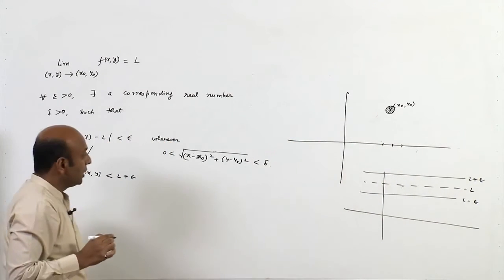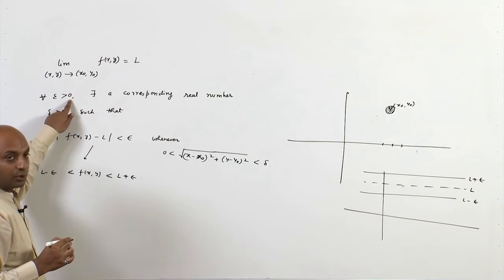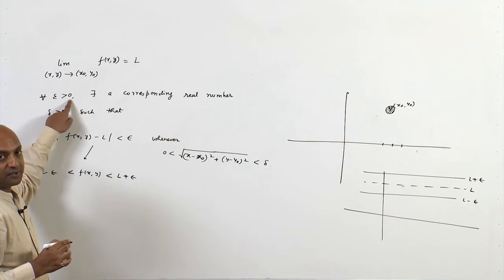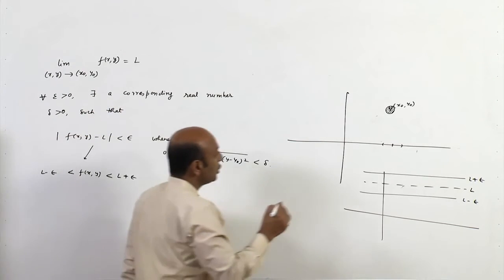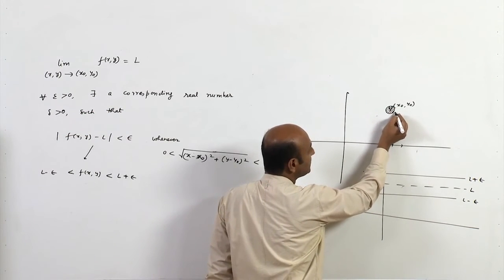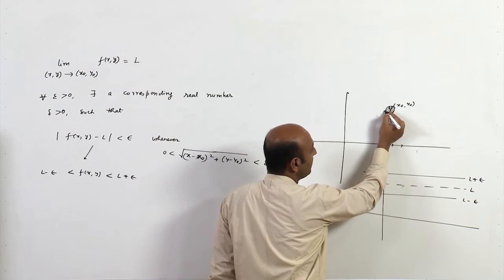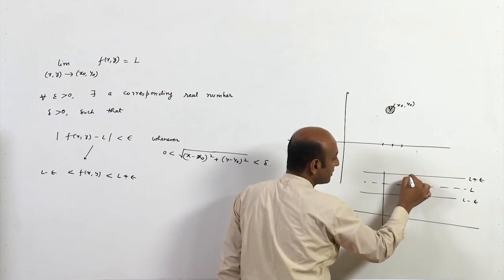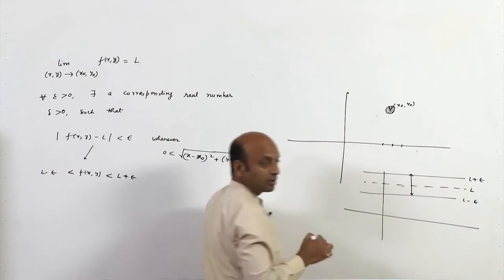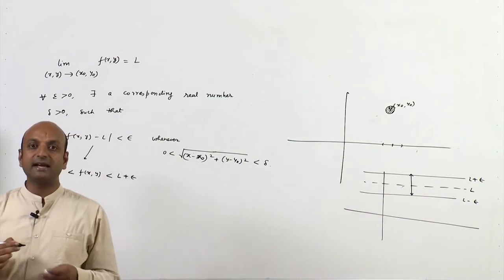Now, you choose any epsilon greater than 0, there will always exist a corresponding delta such that all those (x, y) which lie in this disk, the image of all those (x, y) lying in this disk will lie totally inside this band.